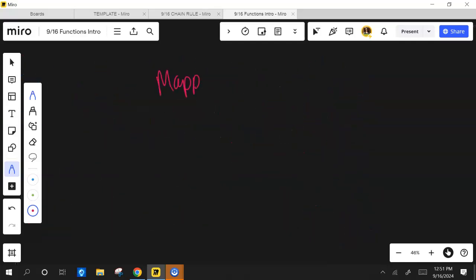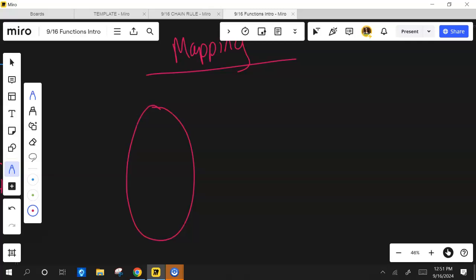All right. I think, Nevaeh, this is what you were talking about. You've got two different circles here. In this circle, I'm going to put all of my domain, all of my x values, but no repeats here, okay? In the second circle, I'm going to put my range and no repeats again. So let me just write these points up here one more time.